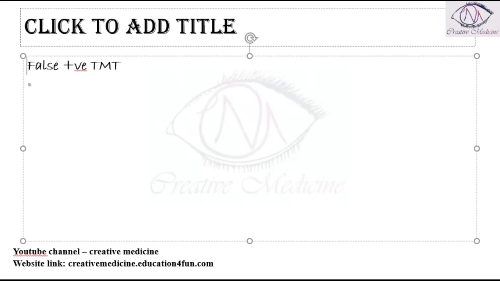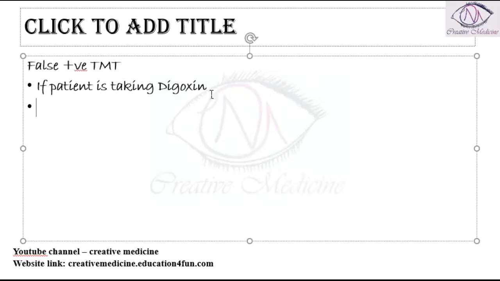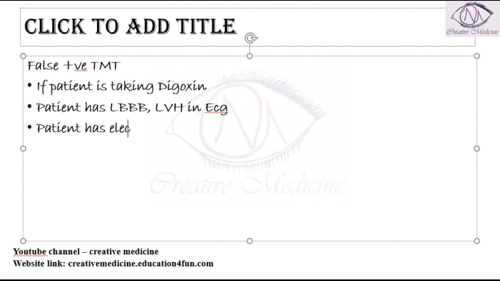A false positive treadmill test occurs if the patient is taking digoxin, even though the patient does not have any problem intrinsically, or if the patient has left bundle branch block or left ventricular hypertrophy on ECG, or any type of electrolyte imbalance, or a pacemaker.